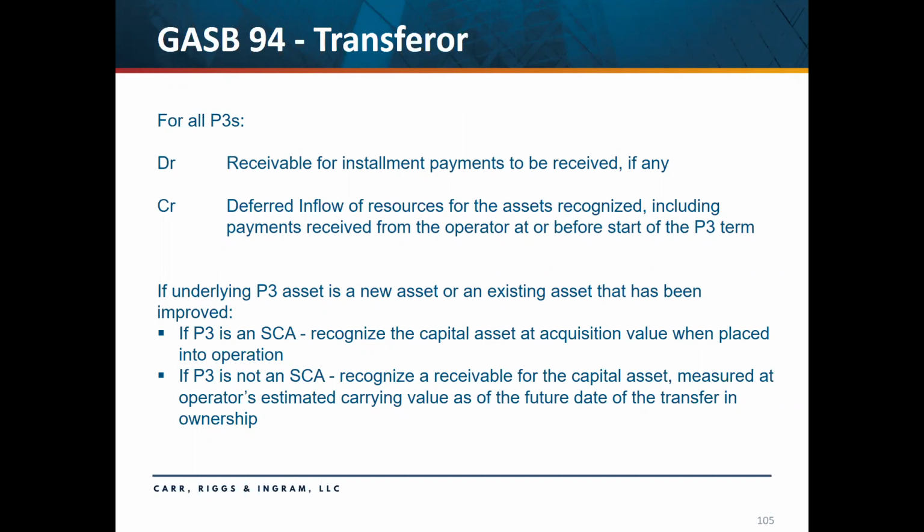If the P3 is not an SCA, recognize a receivable for the capital asset measured at the operator's estimated carrying value as of the future date of the transfer of ownership event. So these are the entries that would be made on the transferor's statements. Again, the transferor is the government, the original P in the P3s.